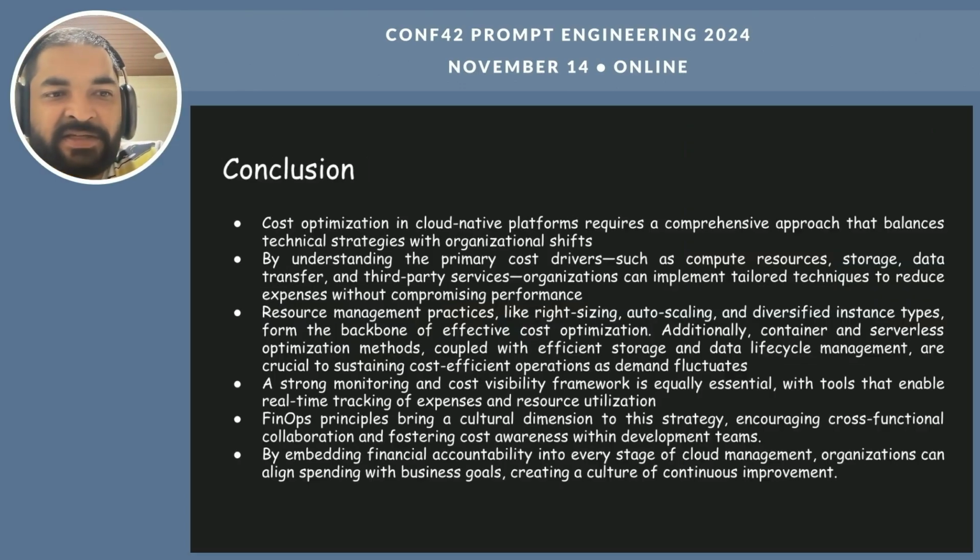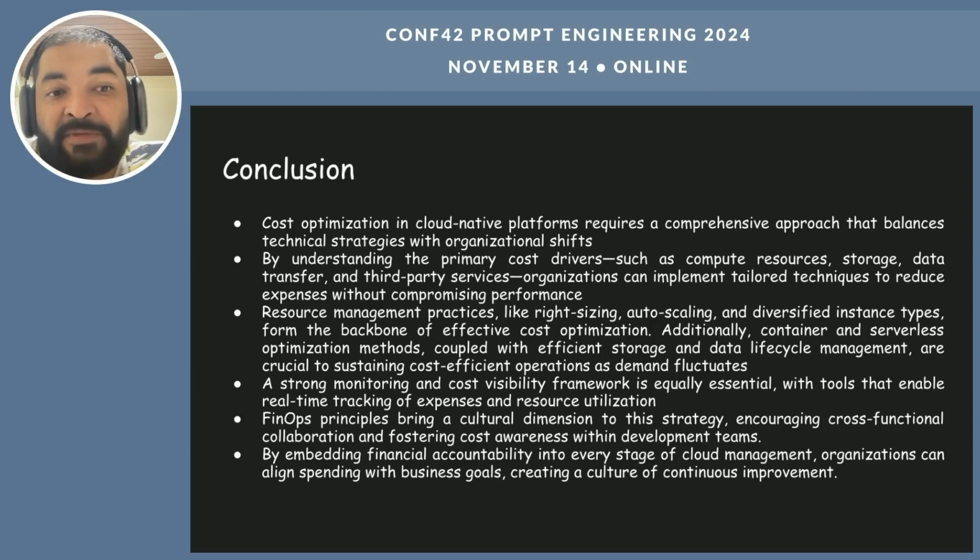Cost optimization in cloud-native platforms requires a comprehensive approach that balances technical strategies with organizational cultures. It's not always easy. Cloud-native platforms are increasing, and there's a need for cloud platforms that operate efficiently and at a lower cost.